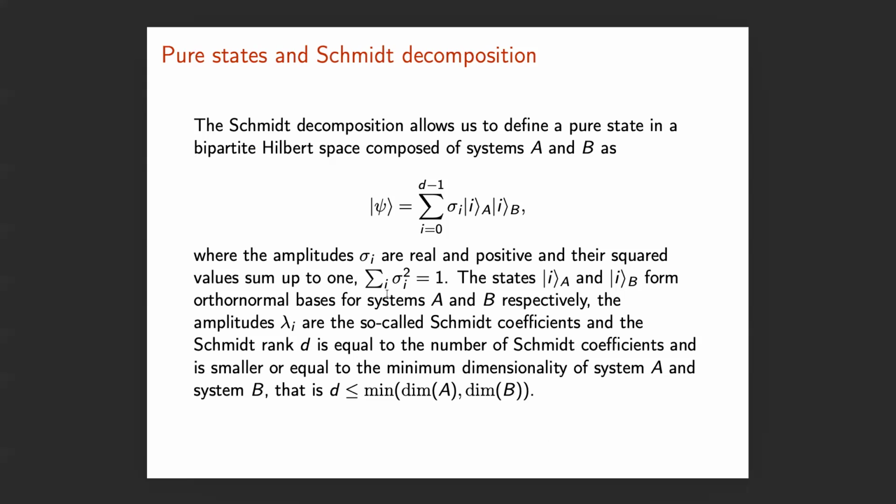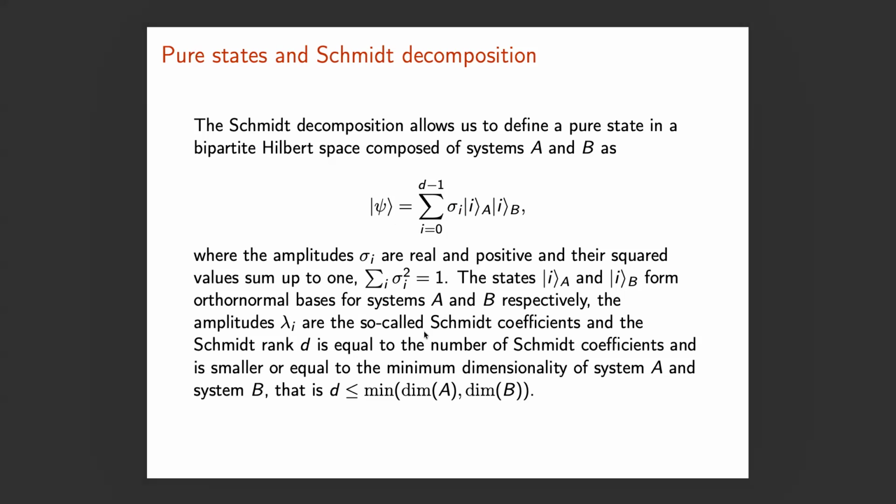So the Schmidt decomposition allows us to define a pure state in a bipartite Hilbert space, which is composed of system A and B. This is the quantity which you have, where the amplitudes are real and positive, and their squares sum to 1. The states form an orthonormal basis for systems A and B, respectively, like the qubit 0 and 1, which we have seen before.